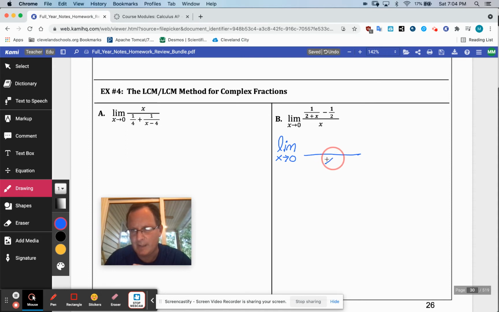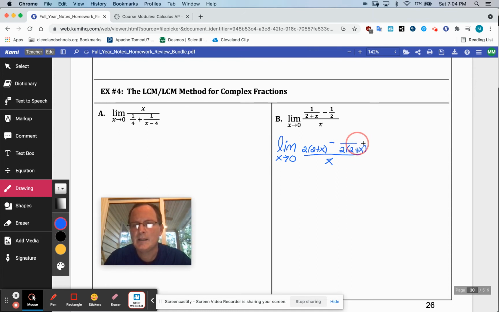Just leave that alone for now. And then in the numerator, those two denominators become 2 times 2 plus x, minus the new denominator of 2 times 2 plus x.